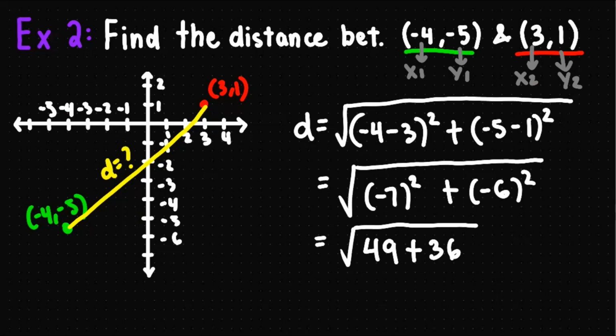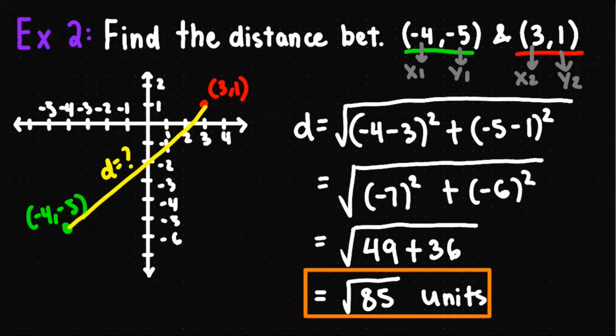Simplifying this expression will yield us the square root of 85. And again, we can't really simplify this, so we'll keep it like that. And again, don't forget the units, since we are dealing here with distances or lengths. So this out here is our final answer.